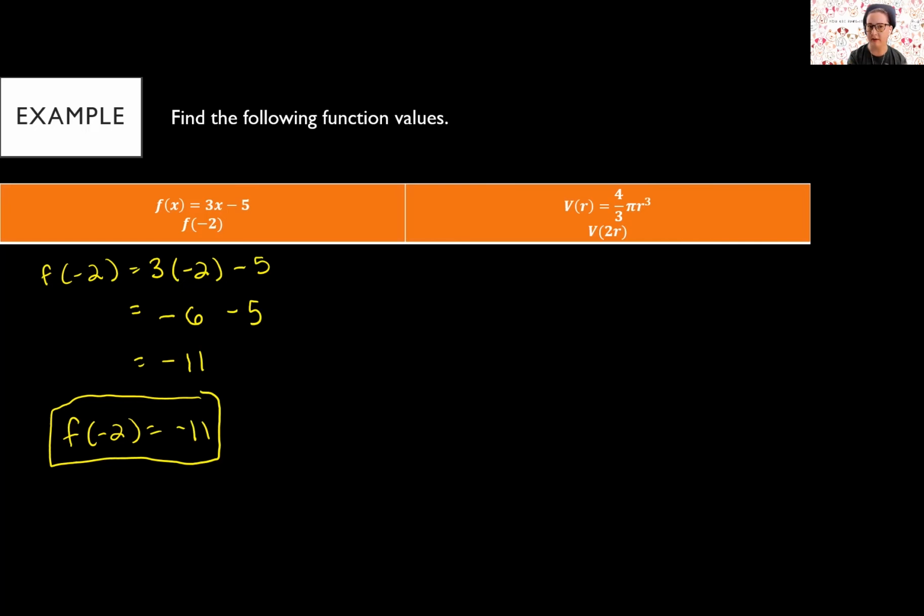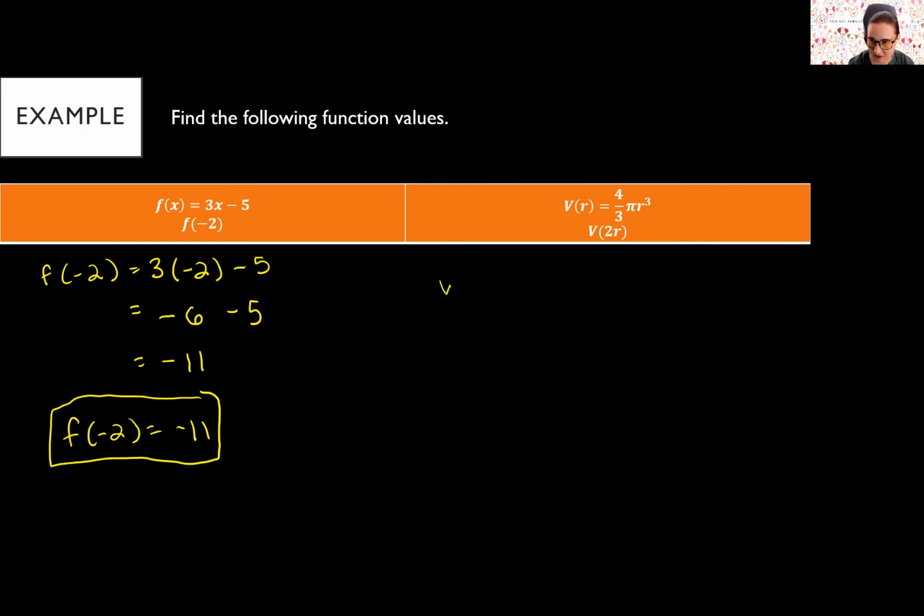You're creating a new function here, and our output formula is going to be a different formula for a specific type of sphere where your radius is twice the radius, essentially. That probably sounded very confusing.